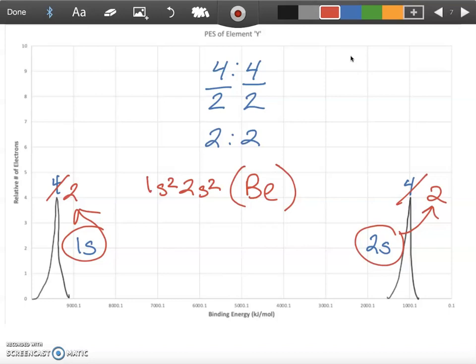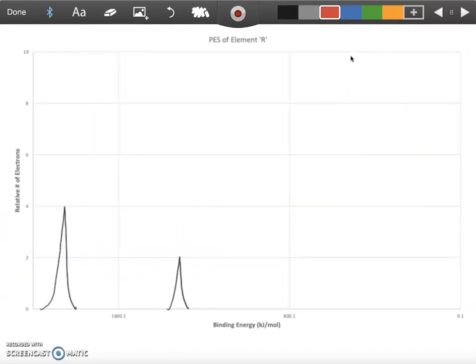Let's do another example when we have a spectrograph that has not been printed to scale. We'll start with the first orbital right here, and that is the 1s peak. That must mean that this peak next to it is the 2s peak, and this peak is showing a relative intensity of 4, and this peak is showing a relative intensity of 2.